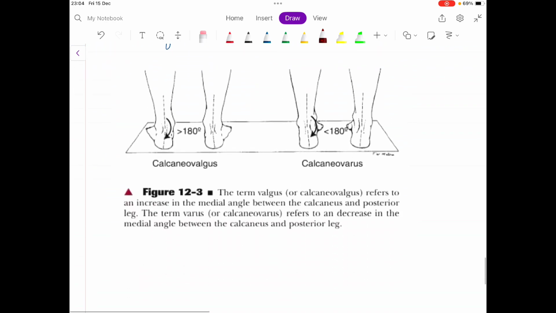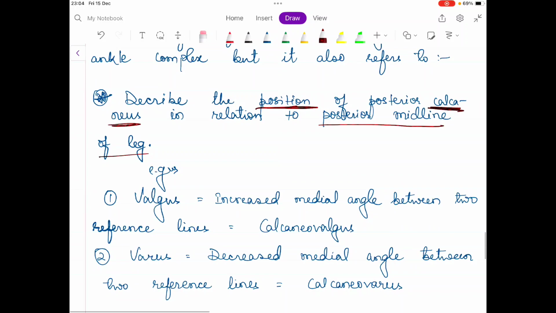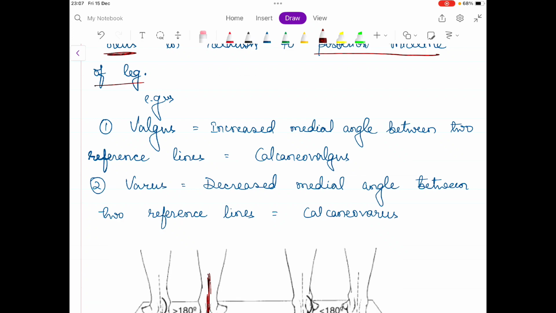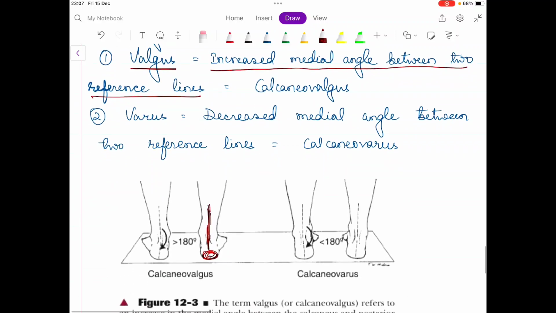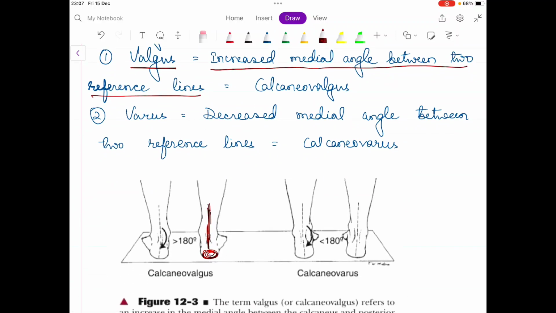Just watch this diagram closely. This is your posterior midline of the leg, and this one here will be your calcaneus bone. Okay, so it is used to describe the posterior calcaneus position in relation to the posterior midline of the leg. For example, valgus means increased medial angle between two reference lines. Now what are these two reference lines? Basically, the angle I am talking about is the angle between the calcaneus and the posterior leg.